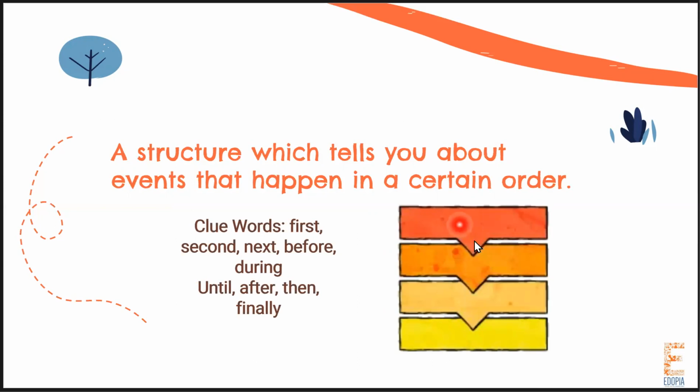Every step is followed by another one. So you have steps that are being followed. For example, a recipe of how to make pancakes or waffles. So which text structure do you think it's going to be? Exactly, sequential. So if you have guessed it's a sequential one, then again, bravo.